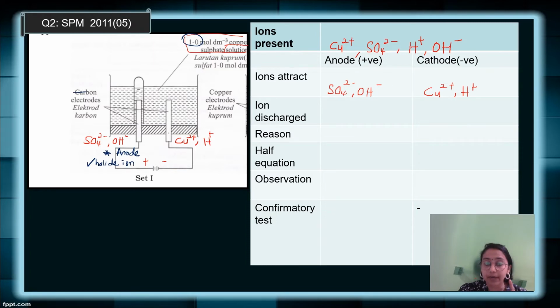What's the meaning of halide ions? If it consists of chloride, bromide, iodide, then we choose the ions based on the concentration in the solution.